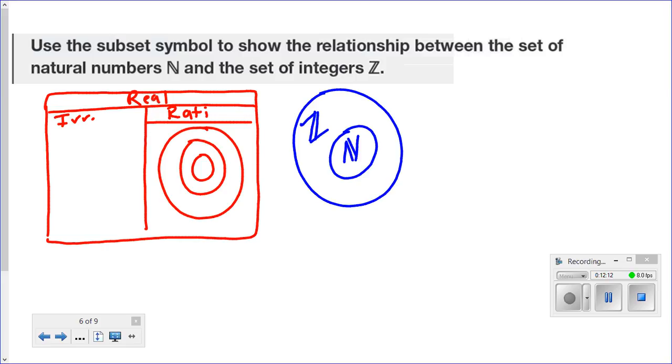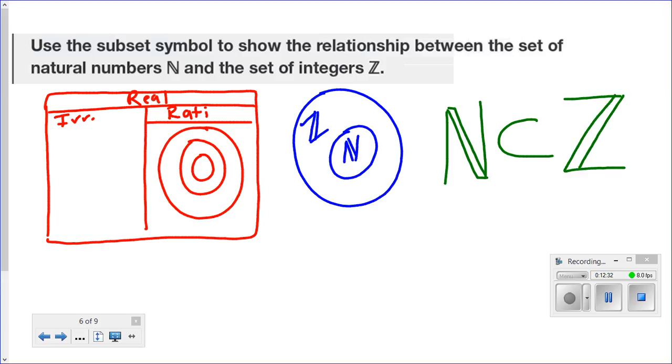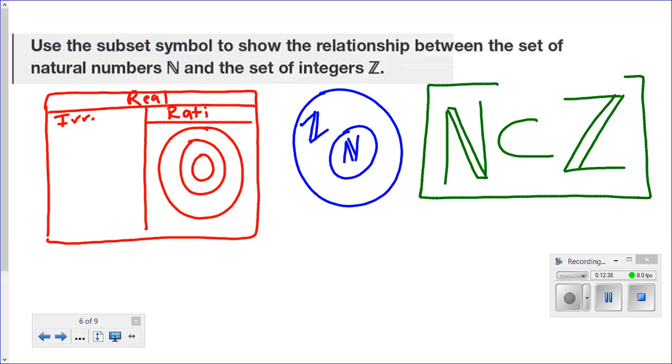So if that is the case, then in order to use a subset symbol to show this, we're going to take our natural numbers and it is going to be a subset of our integers. Okay, so there's a few different ways to look at it, but if we have to use the subset symbol, there's our solution at the end there.